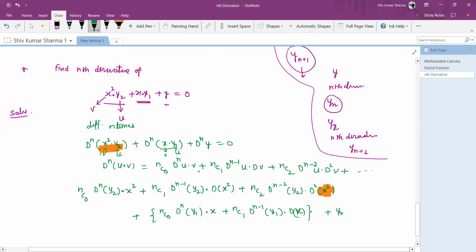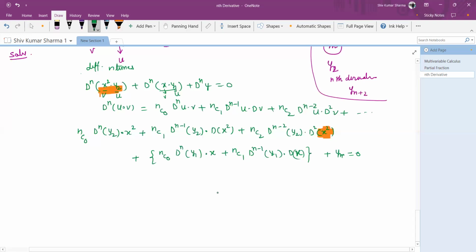The last term is d^n of y. So the n-th derivative of y will be yn. So yn is equal to 0. Now we simplify. nc0 means 1.